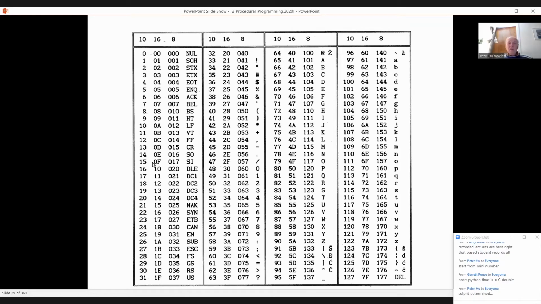You have here also an important thing that is 27, that you use every day many times. This is the escape signal. When you press the escape button of the keyboard, this generates 27 as the code. Now, these other codes are for communication. For example, 13 is carriage return.